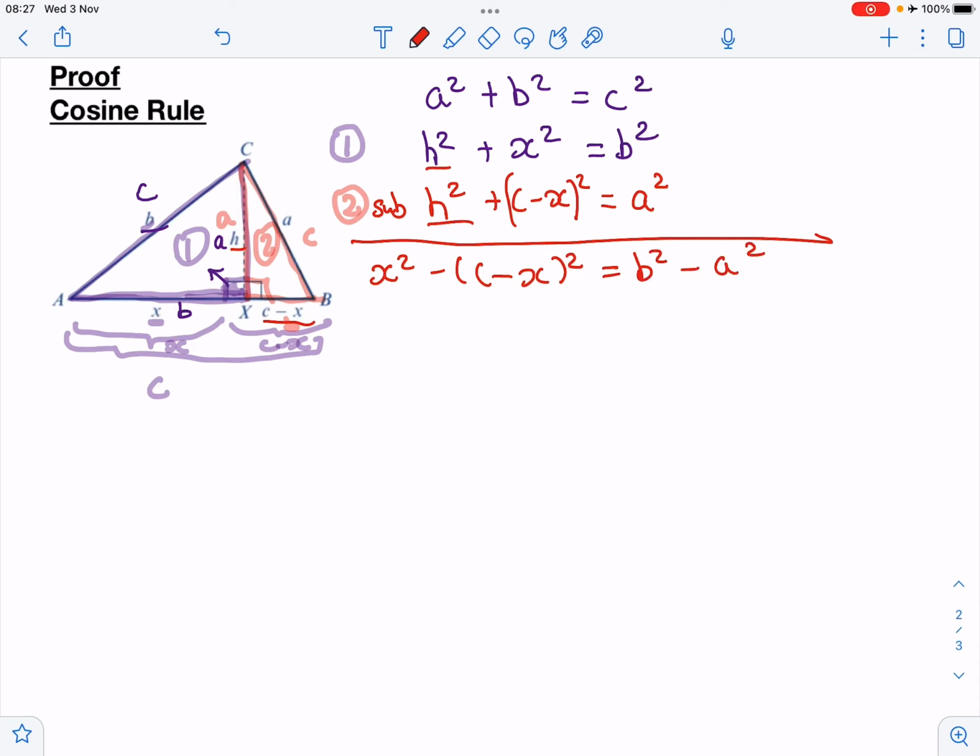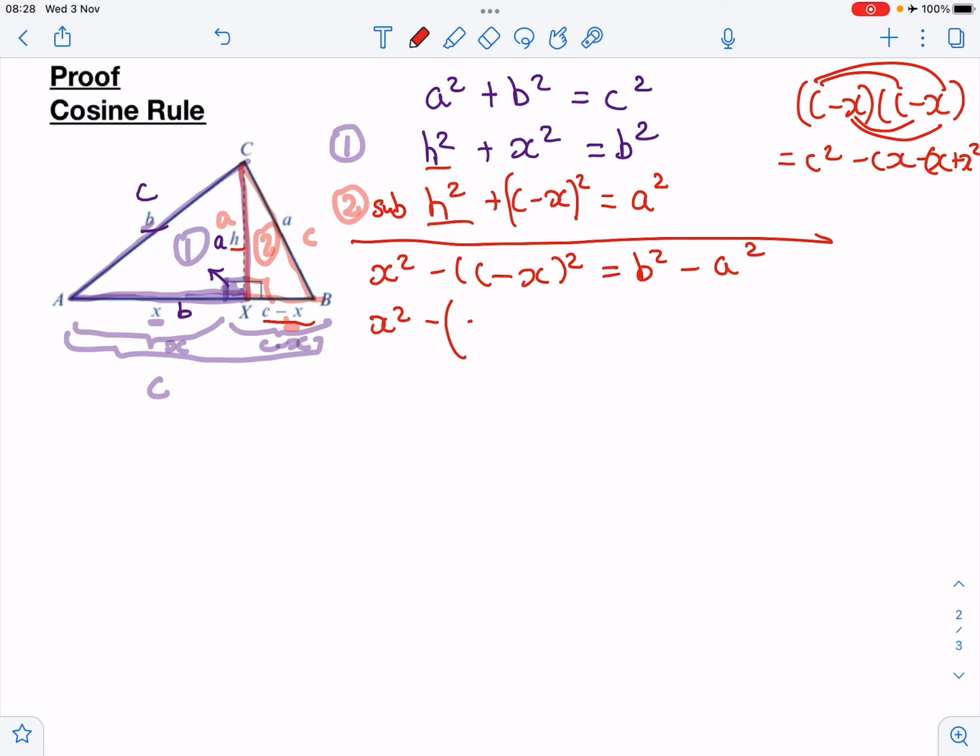Now we can expand our brackets. Remember (c minus x) squared, so just do it on the side. (c minus x) squared is the same as (c minus x)(c minus x). Expanding the bracket, we get c squared minus cx minus cx plus x squared.